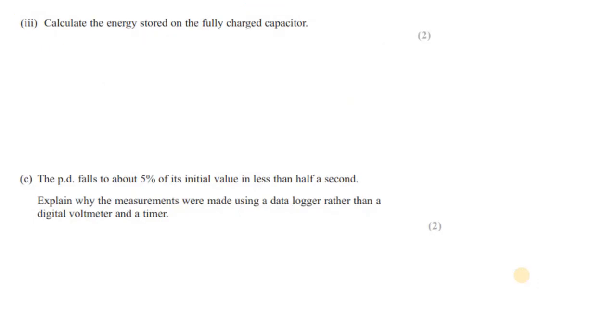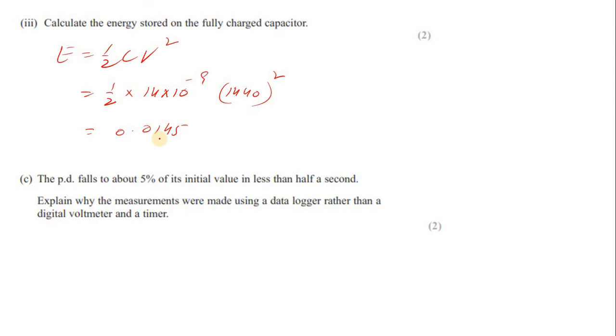Calculate the energy stored on the fully charged capacitor. So the energy stored, E is equal to half of CV squared, and C is 14 into 10 to the power minus 9. Voltage is 1440 squared, and then the energy stored is 0.0145.